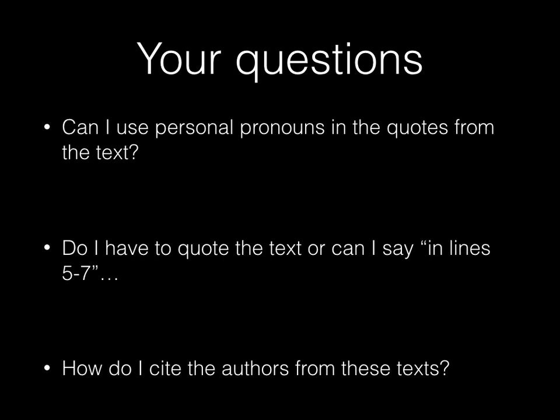How do I cite the authors from these texts? The authors, whoever's making the speech or the letter or the article. So it should say in the context, whoever your speaker is, the person who's making the speech. So in Friday's practice, it was JFK. So you would put in parentheses Kennedy or JFK or President Kennedy, whatever you want.